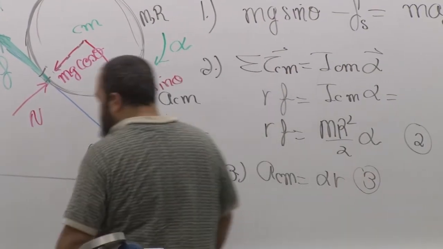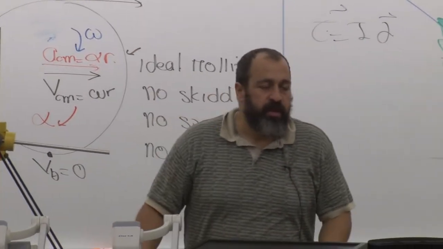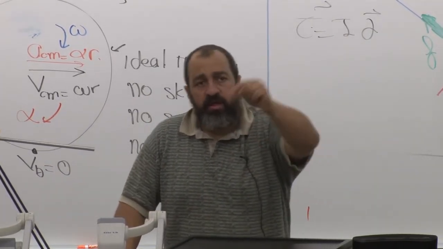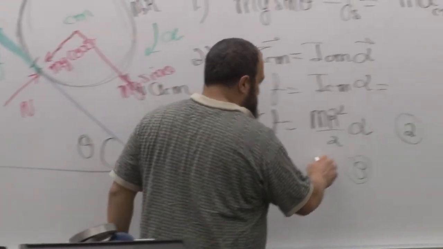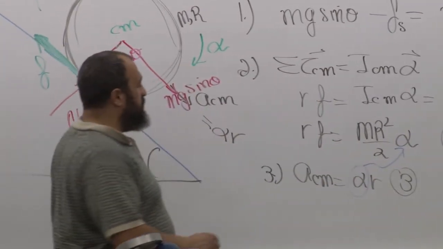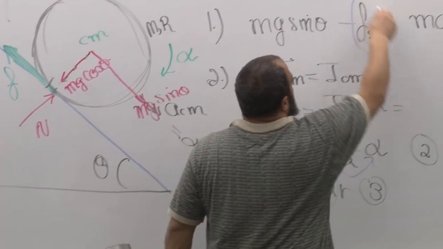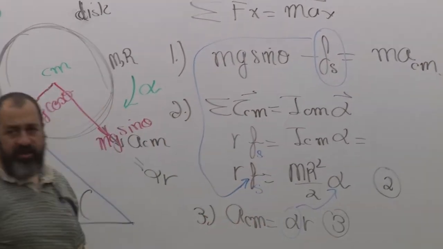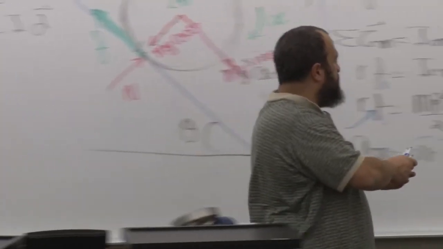How do you deal with a three unknown system? Substitute everything into the torque equation. Alpha must go in there, and the force of static friction must go in there. You isolate it here, bring it down there, and you end up with an answer for A. Let's do that.